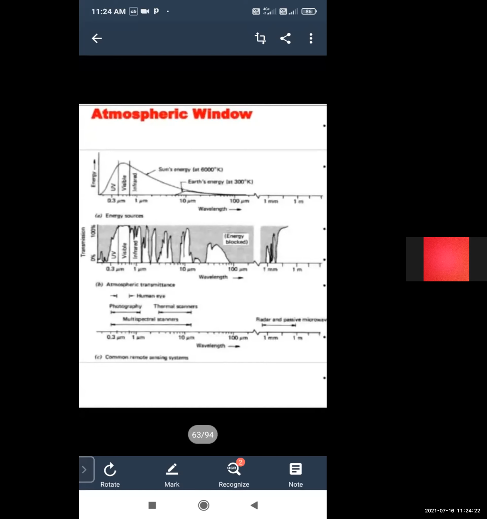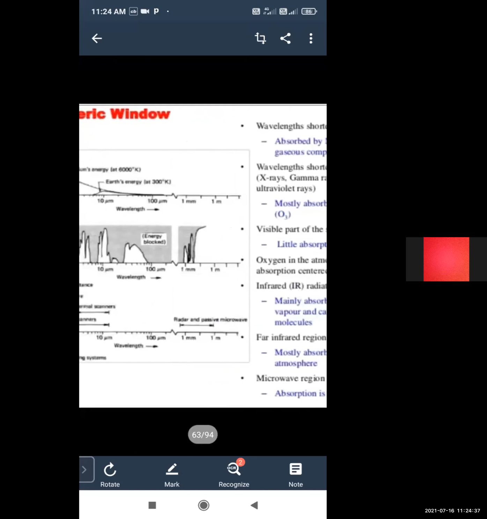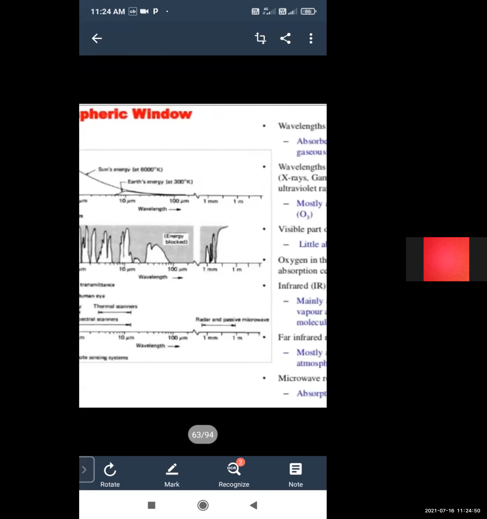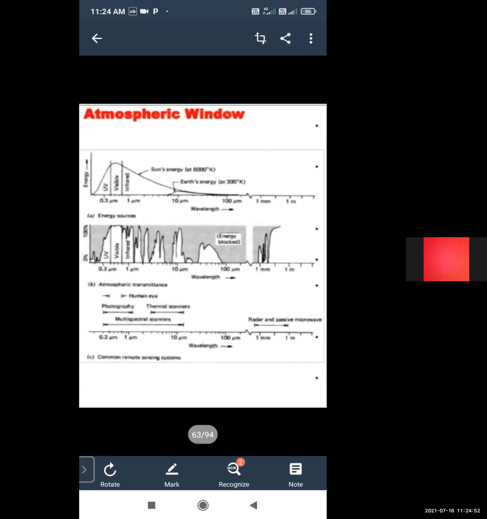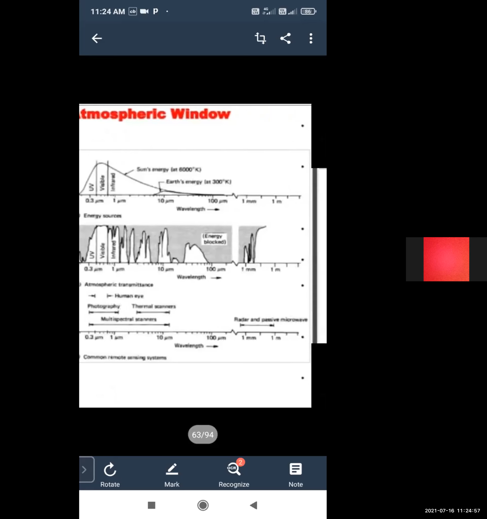Atmospheric transmittance is used by photography, thermal scanner, multispectral scanner, and wavelengths of 1 mm to 1 meter, that is radar and passive microwave, are observed by radar and passive microwave.